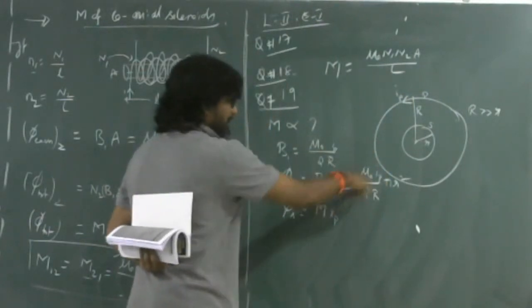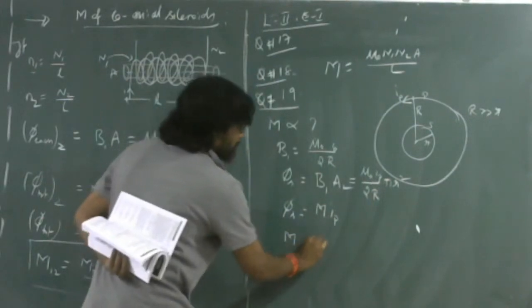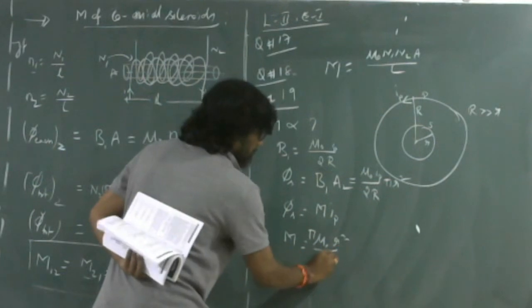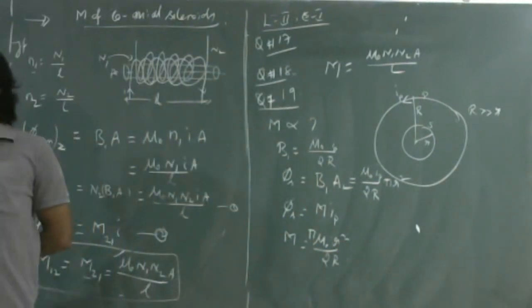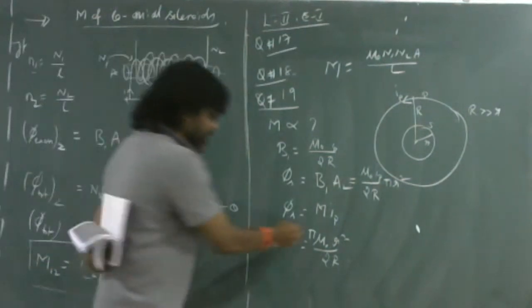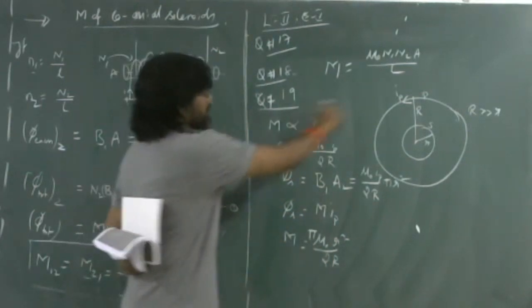So if you compare this, you can write M is equal to pi mu naught r square by 2R, the coefficient of mutual inductance. The question is, mutual inductance is proportional to what? Here pi, mu naught and 2 are constants.